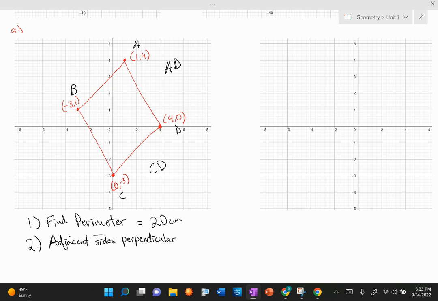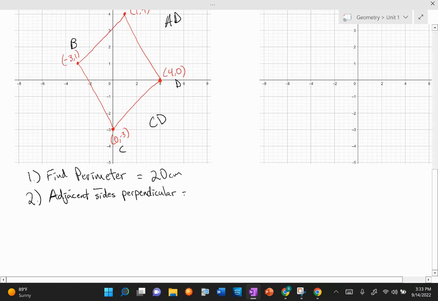Because each side is the same length, it's very easy on number 2 to say, yes, they are perpendicular. But in geometry, you've got to prove it. Postulates and proofs are very important. How can you prove it with math?